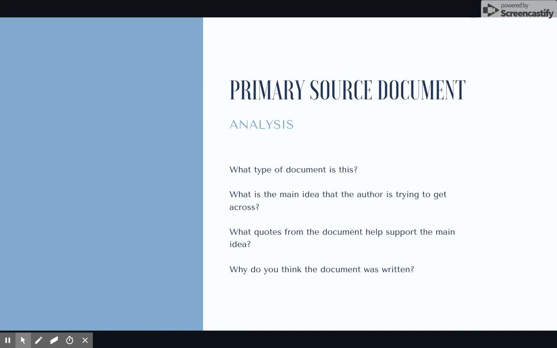So now that we've seen the document and we've read through it, we're going to analyze what this document is. We're going to look at what type of document this is, what the main idea is, what quotes from the document help support the main idea, and why the document was written.